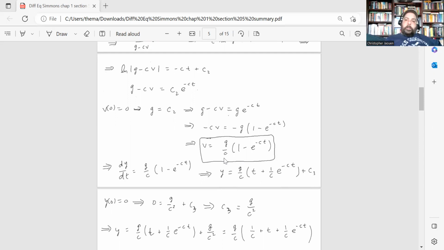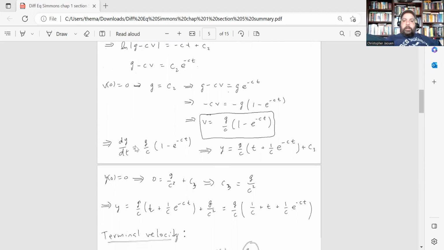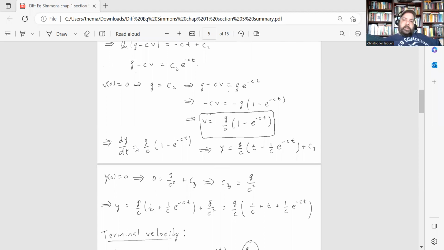So past a certain time, as the body is accelerating, the air resistance at some point balances that, and you get a constant velocity eventually, in the long term.